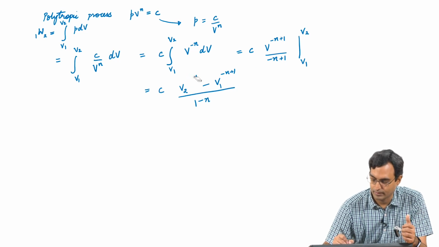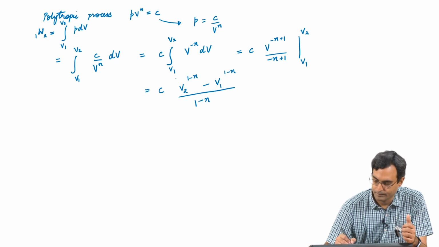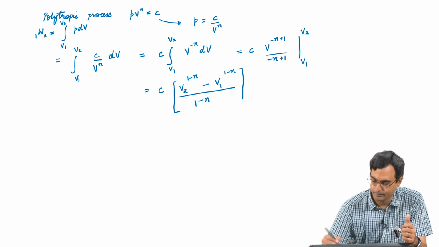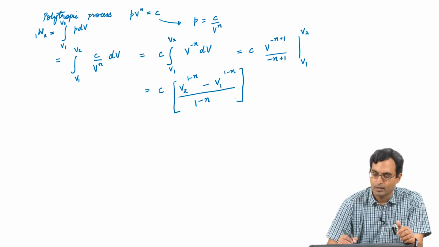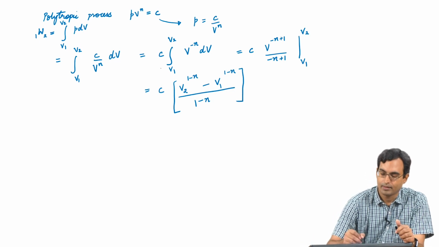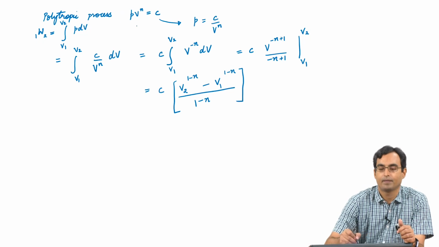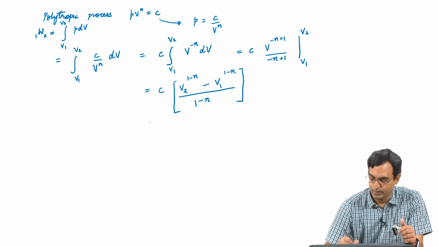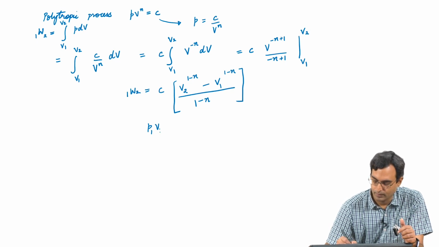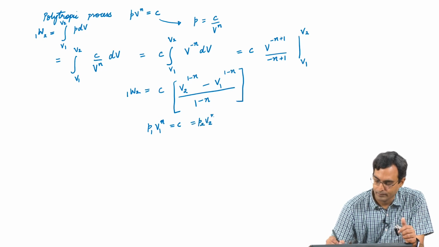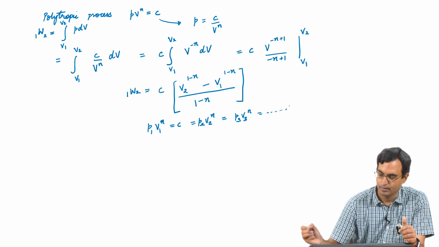So, this also I can write as 1 minus n. This C I can replace in terms of this. So, I had here that PV to the power n is equal to constant, which means P1 V1 to the power n is equal to constant, is equal to P2 V2 to the power n, is equal to P3 V3 to the power n and so on.